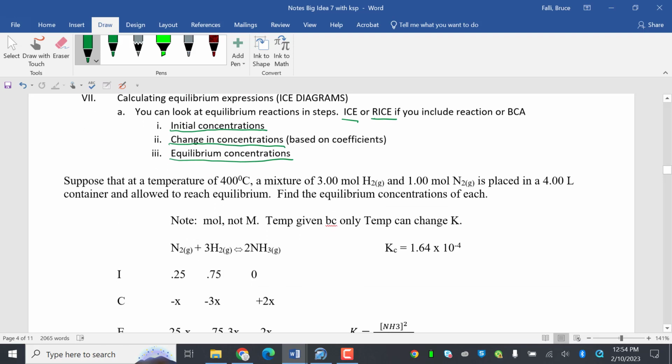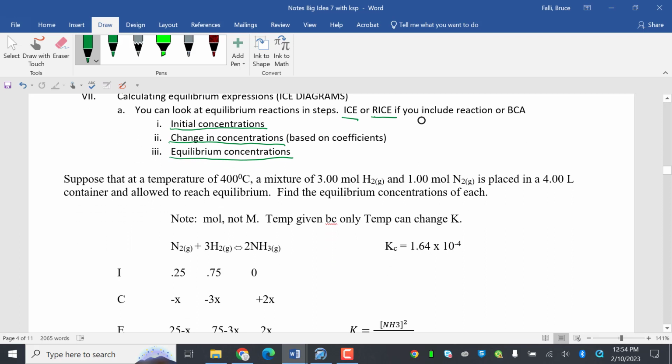Suppose that at a temperature of 400 degrees Celsius, a mixture of 3 moles of H2 and 1 mole of N2 is placed in a 4-liter container and allowed to reach equilibrium.